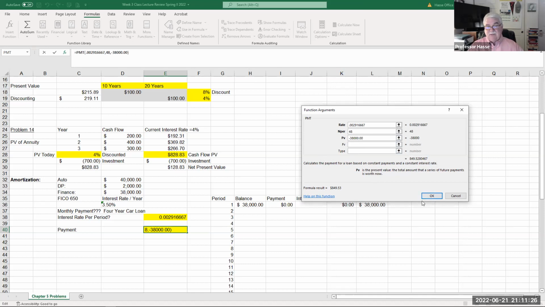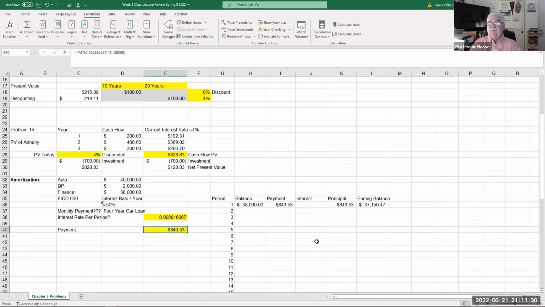That's what's so neat about these spreadsheets. It'll tell you that my payment has to be $849.53 every month.